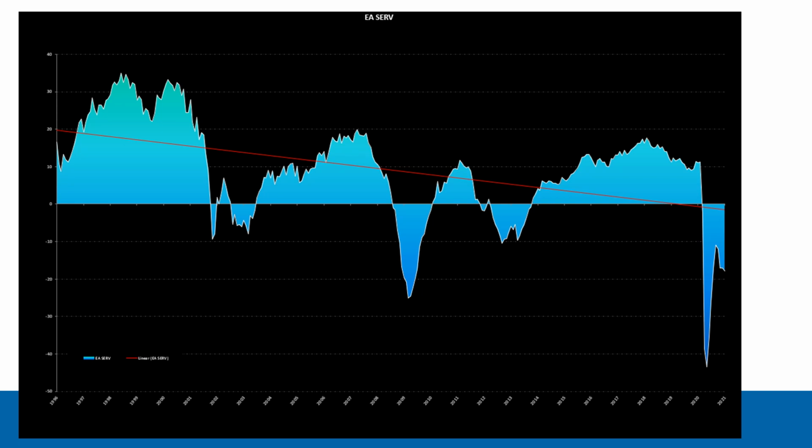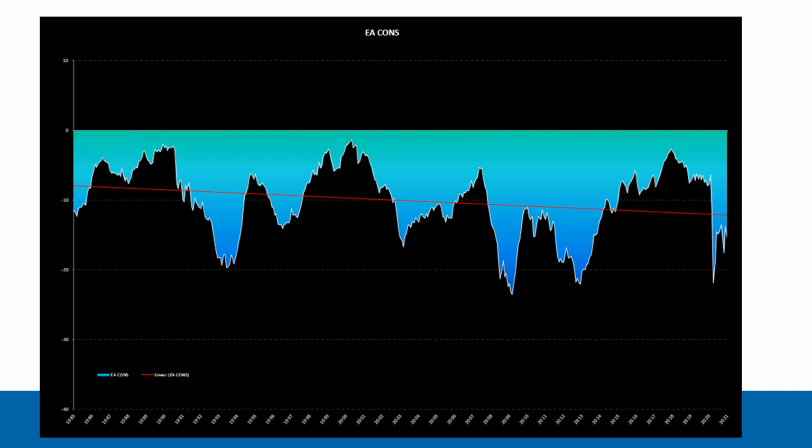Now let's talk about the European consumer, which I always find a little bit entertaining to have a look at this data and this chart. Remember, the scale is the difference, in the survey, between positive responses and negative responses. And if you look at the screen here for the Eurozone consumer, they're always negative.